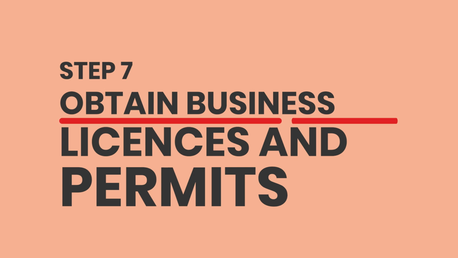Step 7. Obtain business licenses and permits. The next step in establishing your LLC in Kansas involves obtaining the necessary business licenses and permits. This step is crucial, and I know it does turn you off, but to really ensure that your business operates legally and in compliance with state and local regulations, it's absolutely necessary.